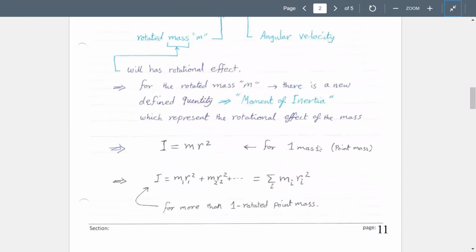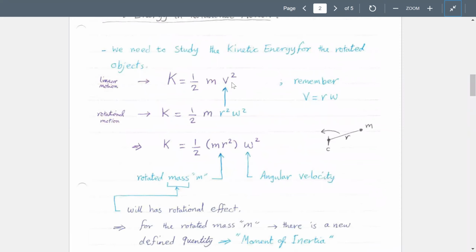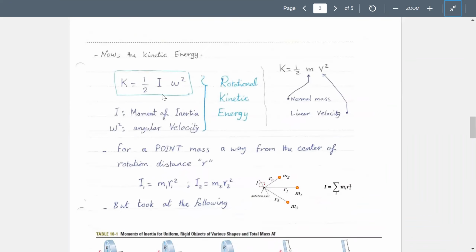Any question about this? Now we have the kinetic energy, which is half mv squared. It is equal to a new thing, which is 1/2 mr squared will be I now. We will see it is I, which is the mass in the rotational motion. Here, this is the velocity in the rotational motion. It is the same picture, but it is in the rotational motion. So this is the kinetic energy.